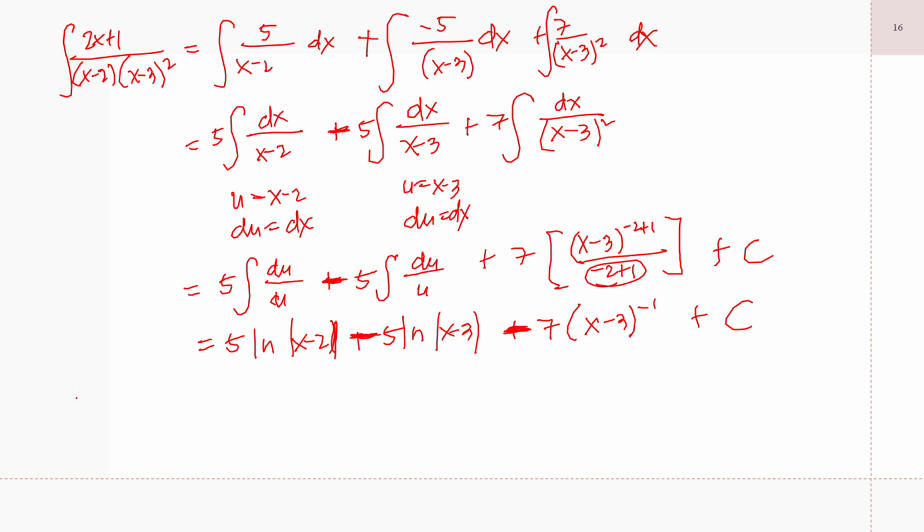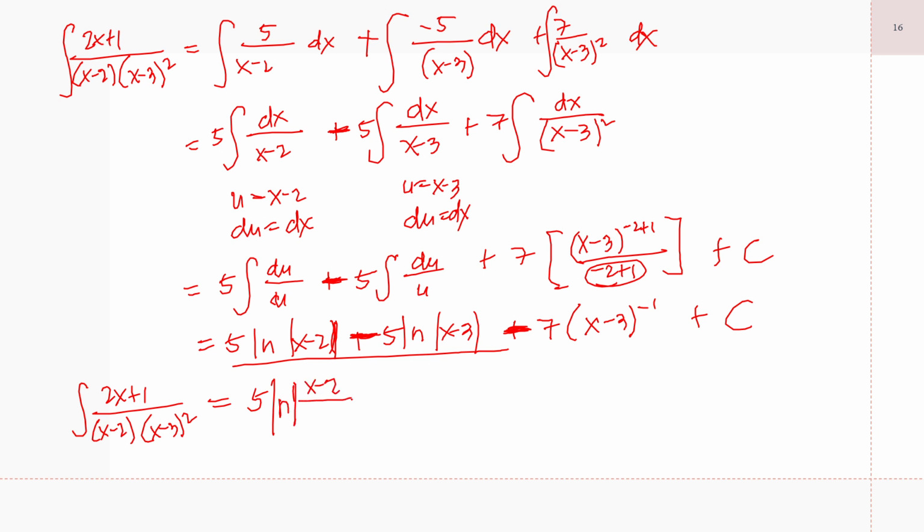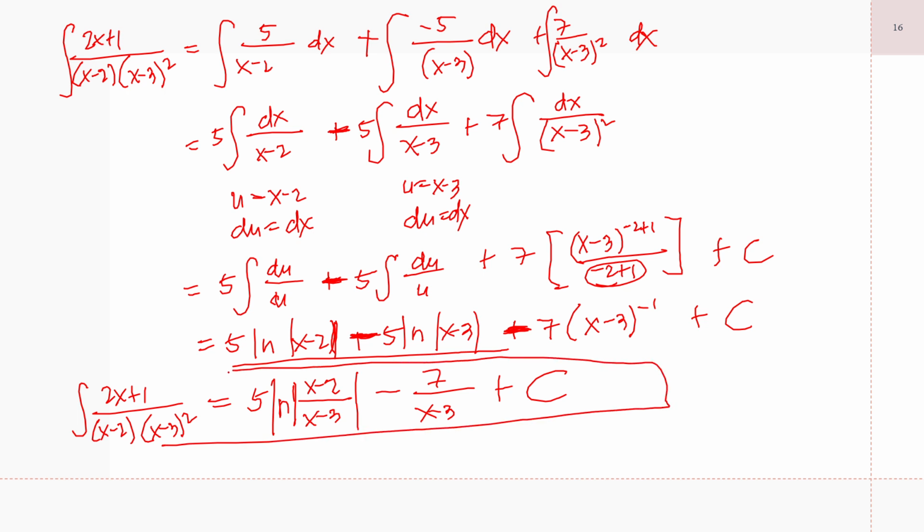So now the full equation: the integral of 2x plus 1 over x minus 2 times x minus 3 squared is equal to, in the form of a quotient, 5 ln of x minus 2 over x minus 3, minus 7 over x minus 3, plus c. This is the final answer for problem number 3.